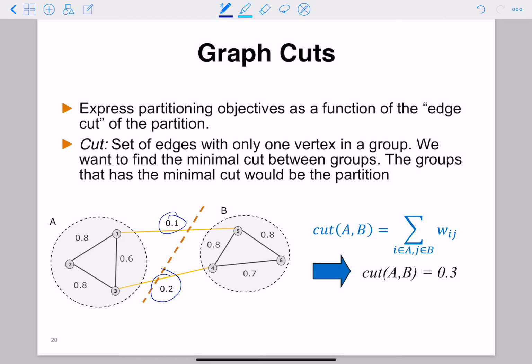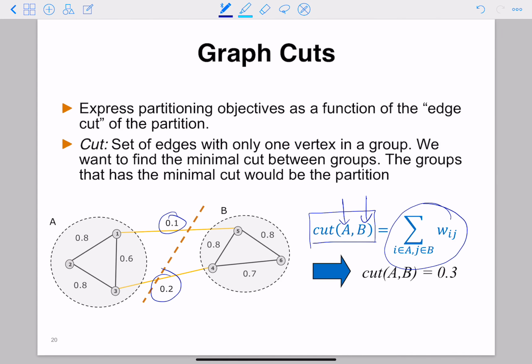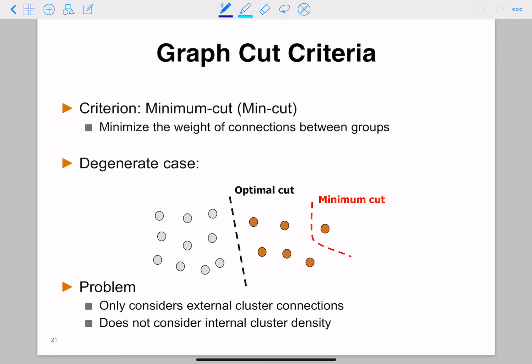So there is the cut measure between these two groups, A and B. When cutting these data items into two groups, this cut measure is simply defined as the sum of the edge weights that are cut. Minimizing this cut measure is called the min cut algorithm, or min cut graph clustering method.